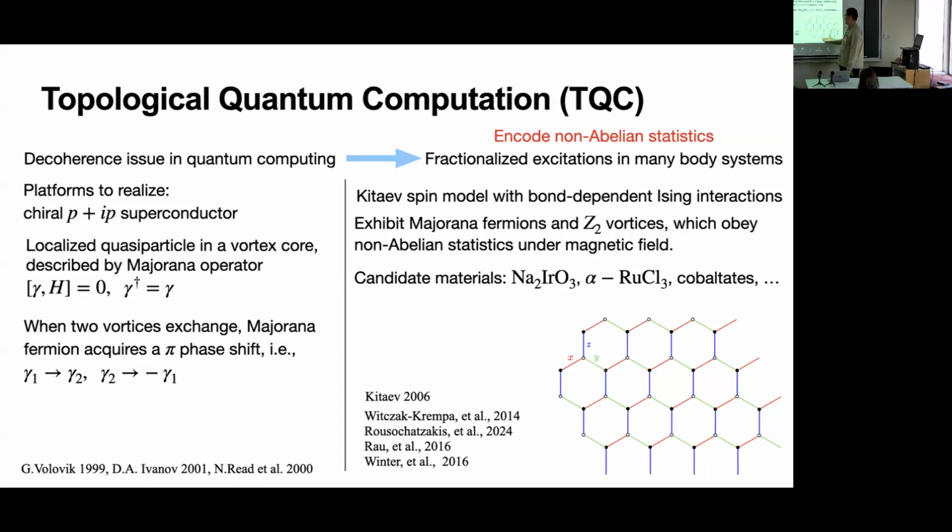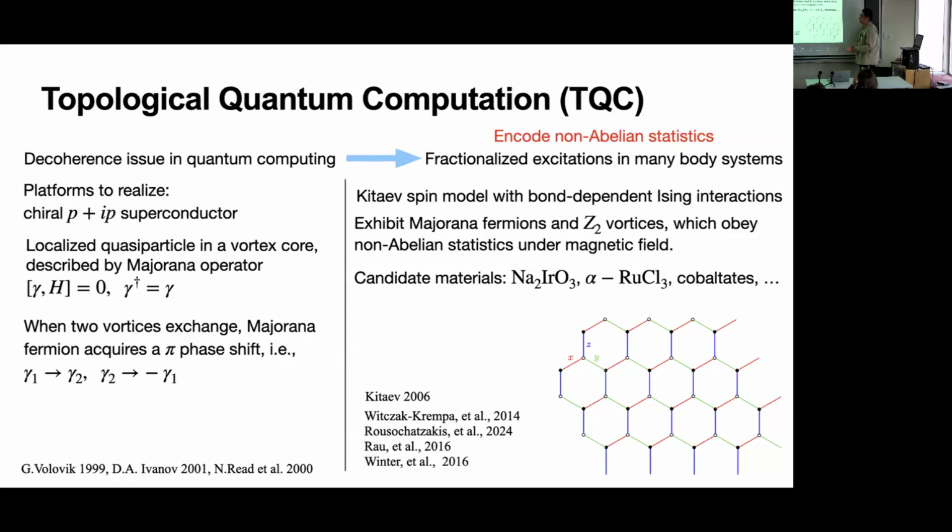Also, there are some alternative platforms, which is called the Kitaev spin model. The Kitaev spin model has bond-dependent Ising interactions. There is a spin-half on each site, and the X bond means the interaction is sigma x sigma x, and similarly for the Y bond and Z bond.